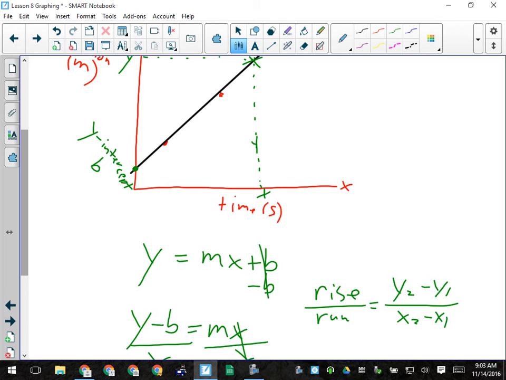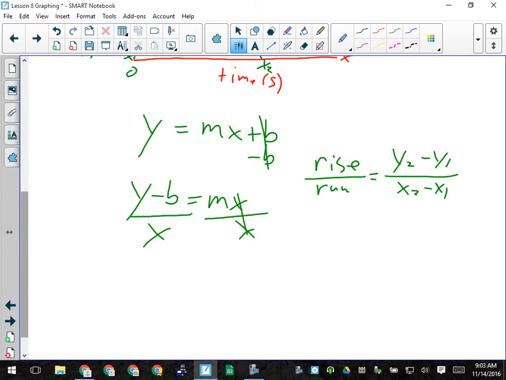If I'm looking at that and at this, it's the same thing. This would be y2. b would be y1. This would be x2. And what's x here? 0. So really it's the same thing. y minus b is the change in y, y2 minus y1, over x2 minus x1, but x1 at b is 0.